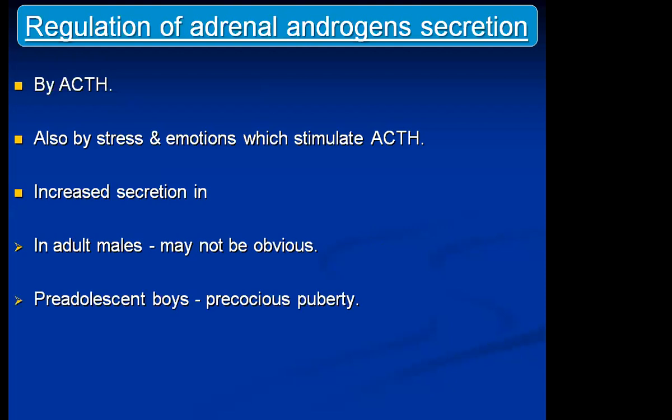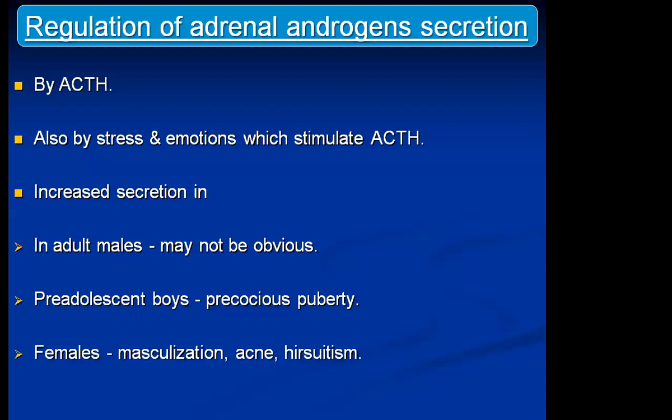However, in pre-adolescent boys, that means the boys who have not attained puberty, in whom secondary sexual characters have not appeared, if there is an increase in the secretion of adrenal androgens before they attain puberty, then it will lead to a condition known as precocious puberty. That means the secondary sexual characters appear early as compared to the normal subjects.